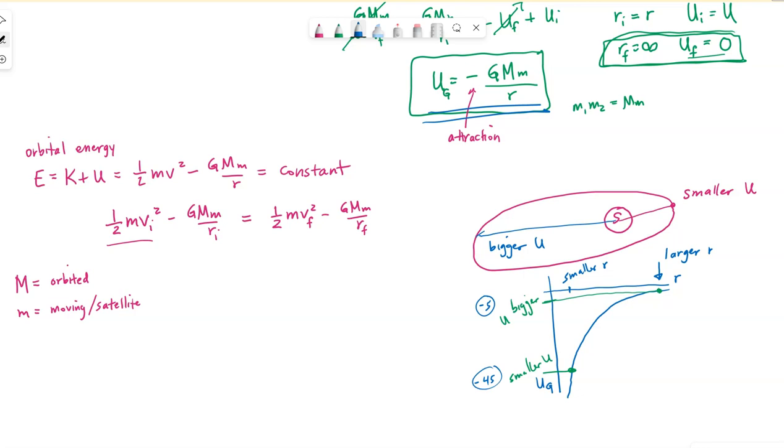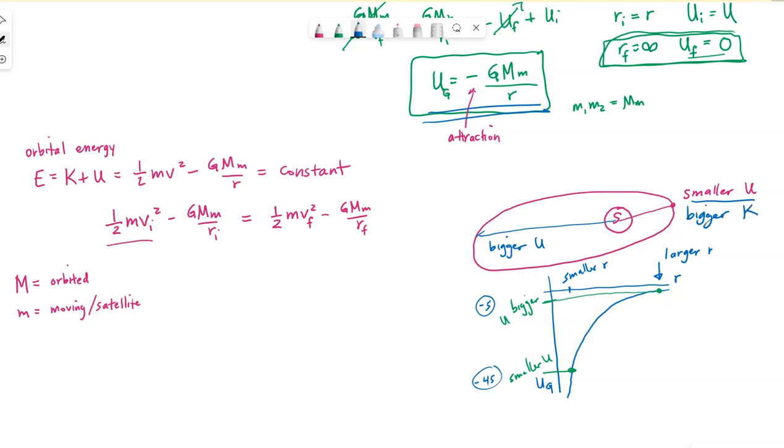And so we still see potential energy is bigger the farther away from the Earth, or in this case, the planet from the sun. The farther the planet is from the sun, the more potential energy there will be. The closer to the sun, the smaller the potential energy will be. And to swap for that, if the potential energy is smaller, then the kinetic energy is bigger.